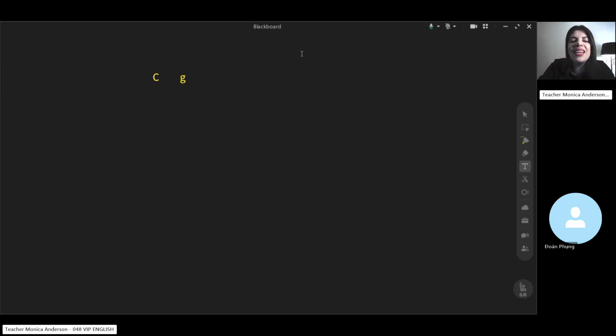Now, look at these letters, these sounds that are E, I, and Y. If C and G are followed by E, I, Y, they are pronounced as soft, for example, S and J. So, soft G. Example, look, city.